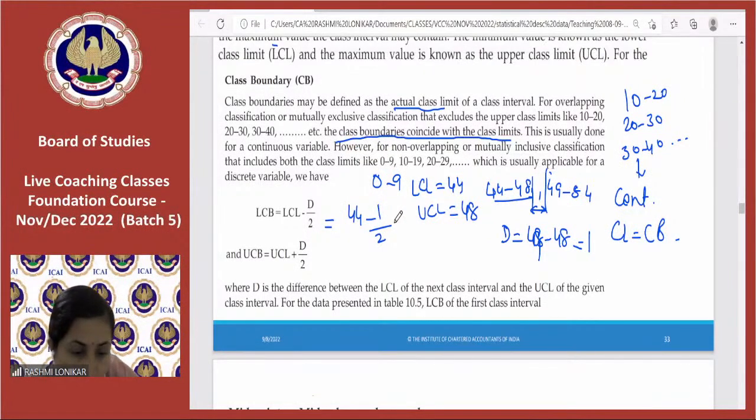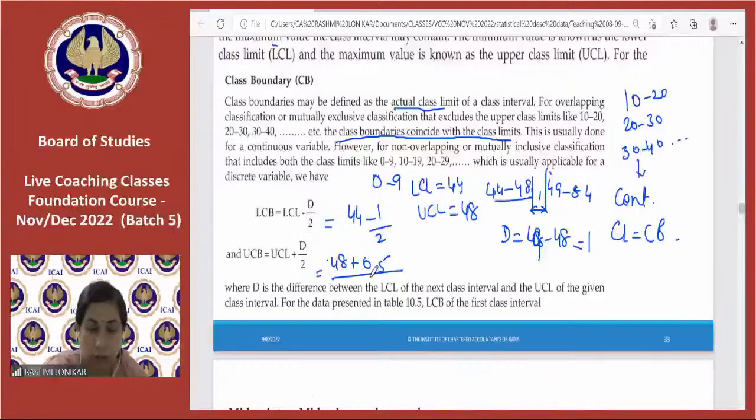And the upper class boundary for this class interval will be 48 plus 0.5.